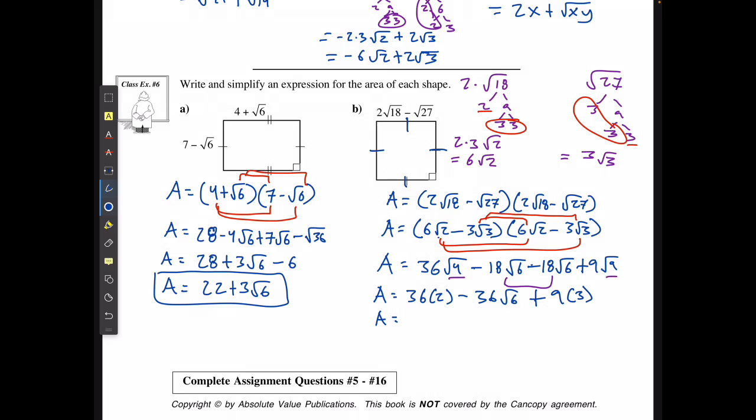The area is equal to 72 minus 36 root 6, and 9 times 3 is plus 27, and I can combine those like terms. The area is equal to 99 minus 36 root 6. And I'm done.